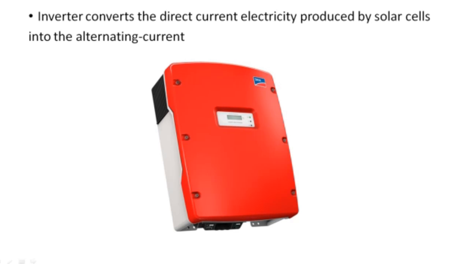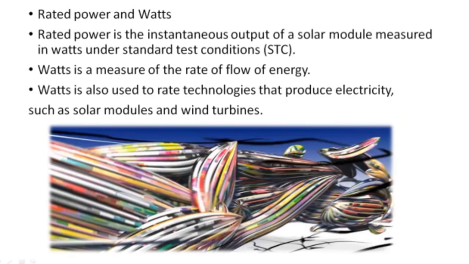In this training, I'll focus on residential, small business sized solar electric systems whose rated power typically ranges from 1000 to 10,000 watts. Rated power. So what is rated power and watts? Rated power is the instantaneous output of a solar module measured in watts under standard testing conditions.